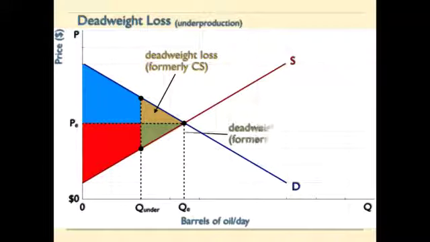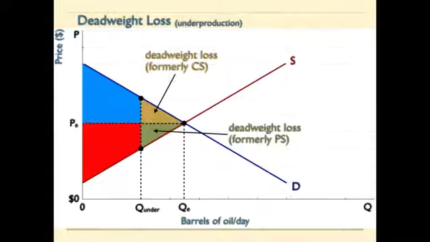The triangle in the bottom is also deadweight loss, but it is deadweight loss that used to be producer surplus. This is output that used to occur at the equilibrium price and equilibrium quantity, and because of underproduction relative to the equilibrium output level, since it's not being produced and it's not being sold, it is not generating producer surplus either.